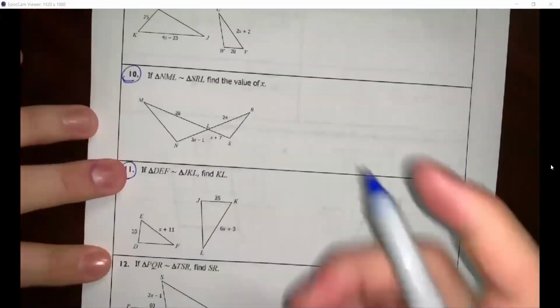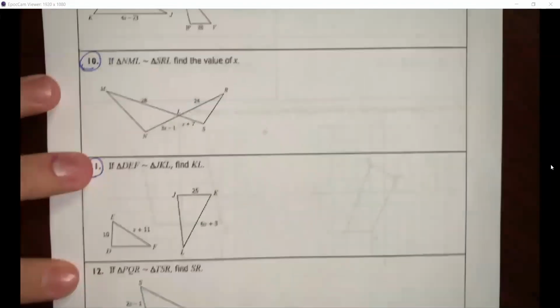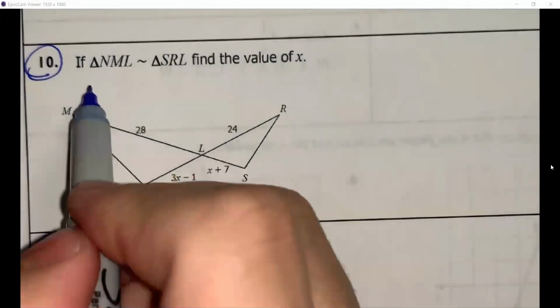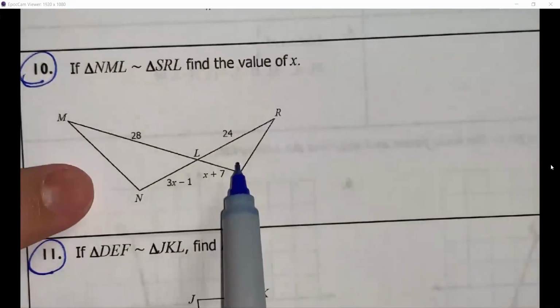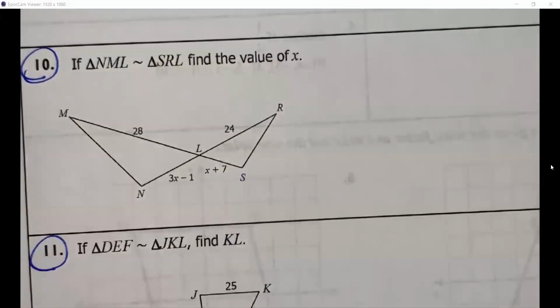All right. So if I look at number 10, let me zoom in a little bit. It says if triangle NML is similar to triangle SRL, find the value of X. So what I always tell you guys to do, see how the triangles are oriented differently? Let's instead draw them in the same orientation, in the same position.